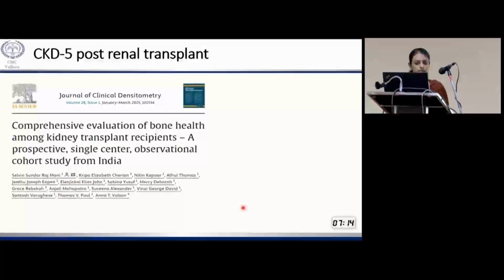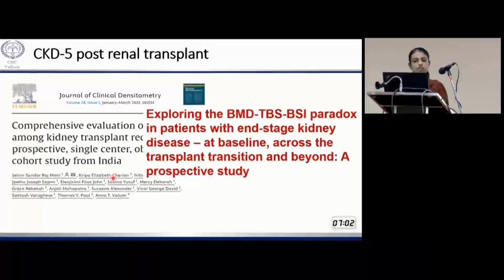So another study that we looked at recently was in renal transplant recipients at baseline before transplant, and we followed them up. The 1-year follow-up study was published recently. Further, we have also looked at what happens to them at the end of 4 years. We have data on that.